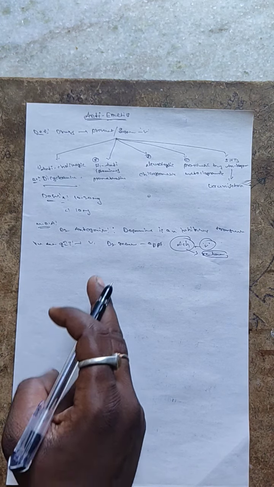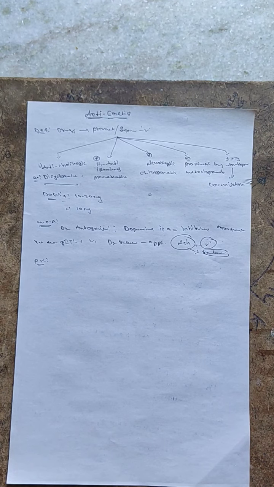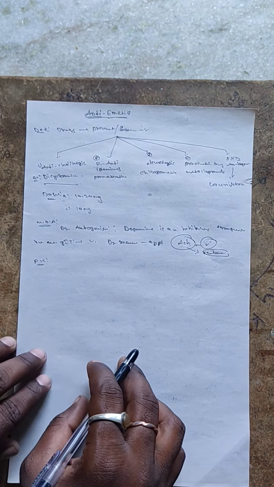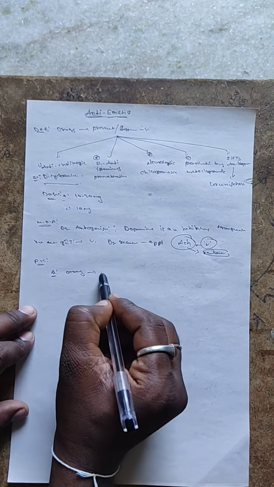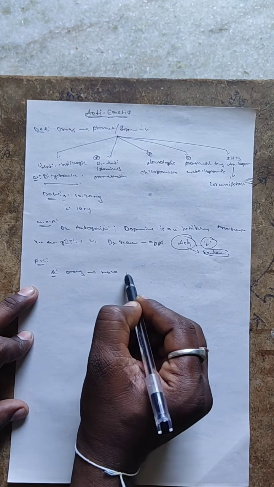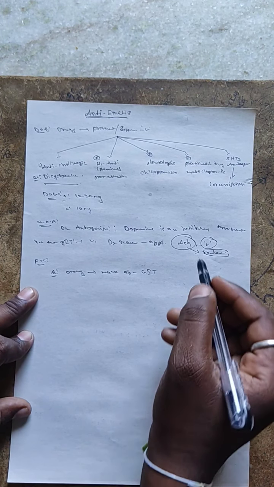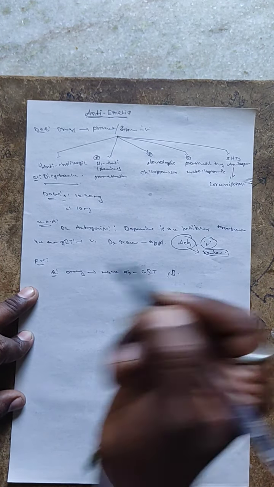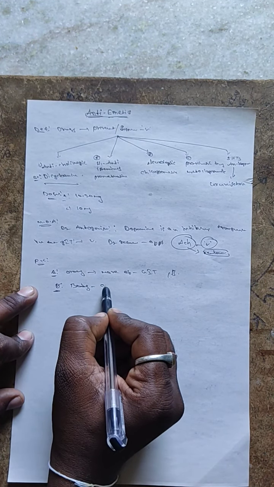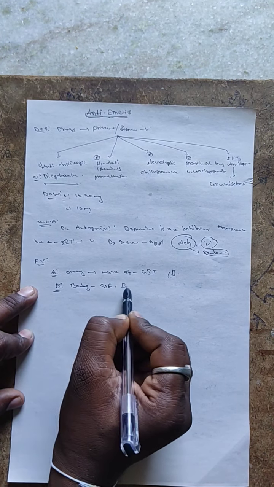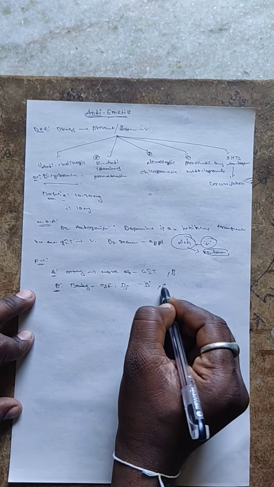The next one, what are the pharmacokinetic parameters? It is administered orally, because it is well absorbed from the GIT and enters the brain. It is distributed through body fluids, including the cerebrospinal fluid. It crosses the blood-brain barrier and reaches the brain, and also crosses the placenta.